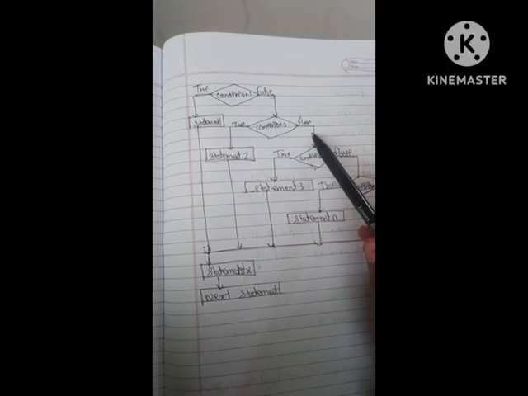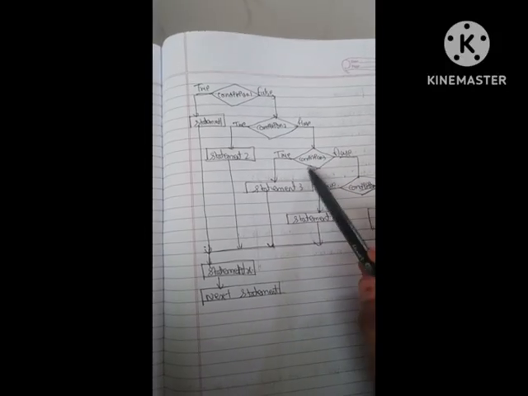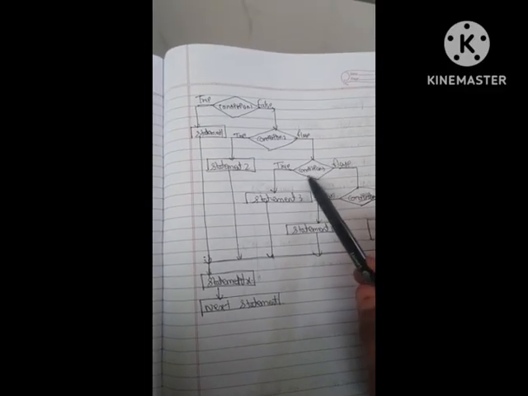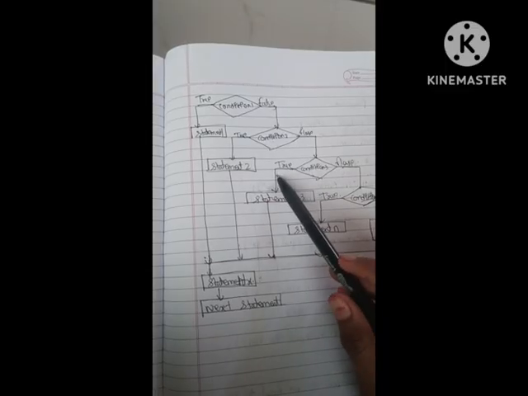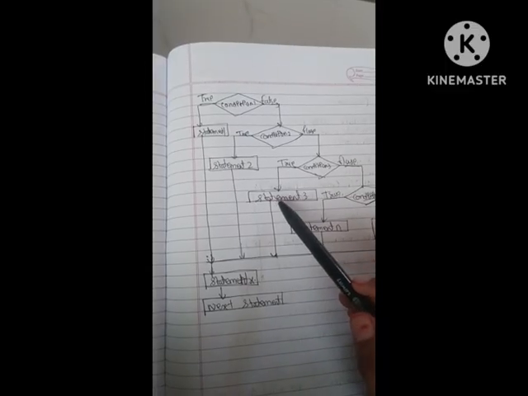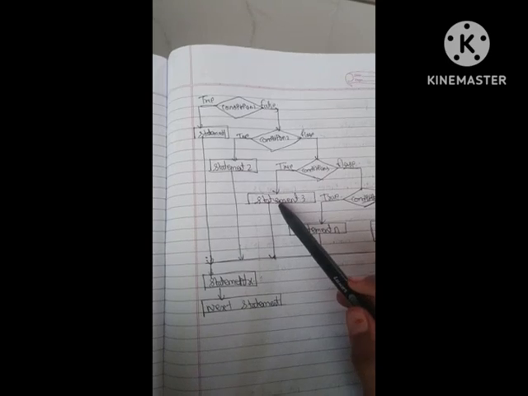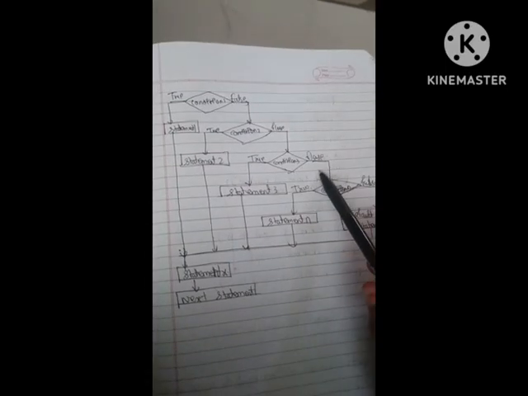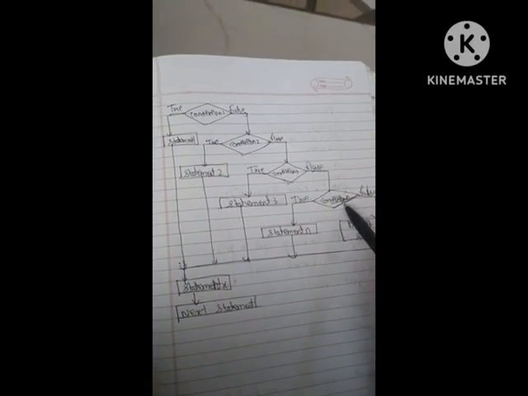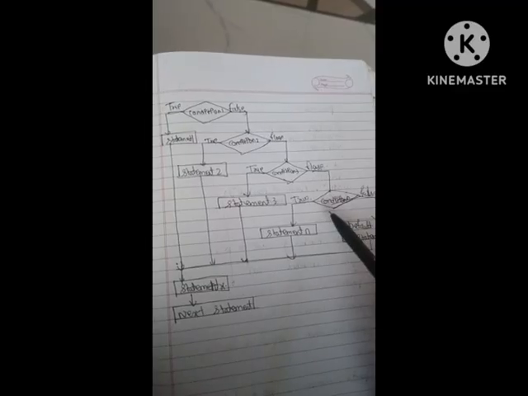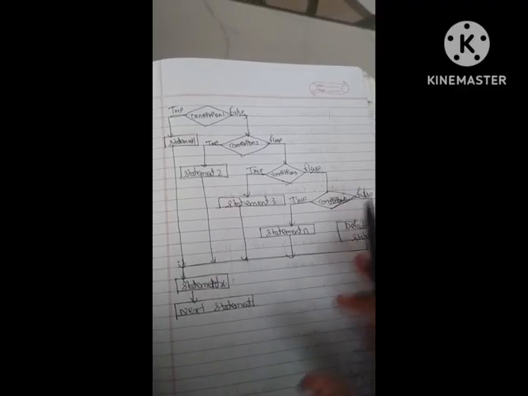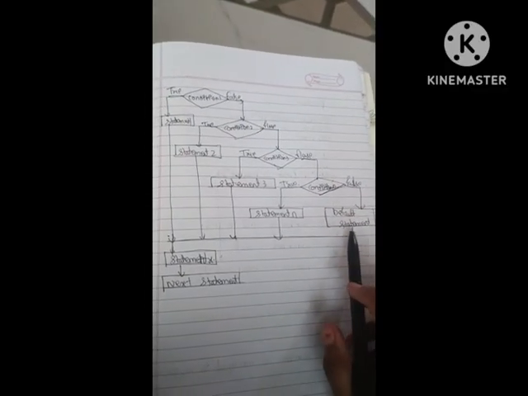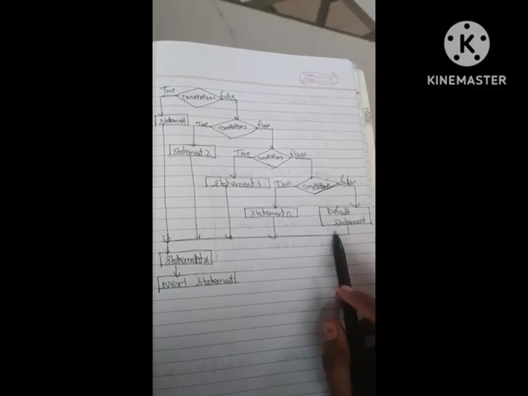If it is false, then it continues to test condition 3. If it is true, it goes to statement 3 and goes out of the block. If the condition is false, then it checks the next condition if we have given one. If there is no condition and it is still false, then it executes the default statement.